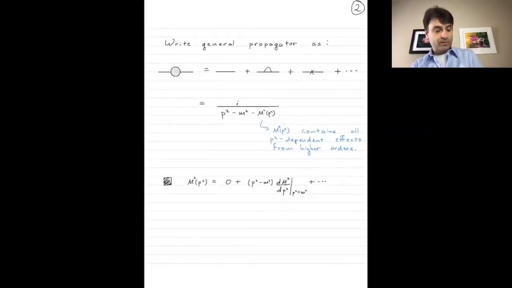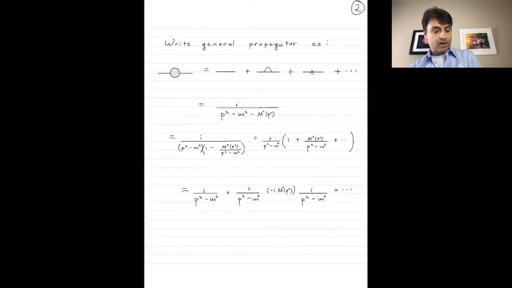Well, first of all, if p squared equal to little m squared is the pole, then capital M squared of p squared has to vanish at p squared equal to m squared. And so if we expand that capital M squared in powers around p squared equal to m squared, in a Taylor series, we get something like this. So the lowest order term has to be 0.